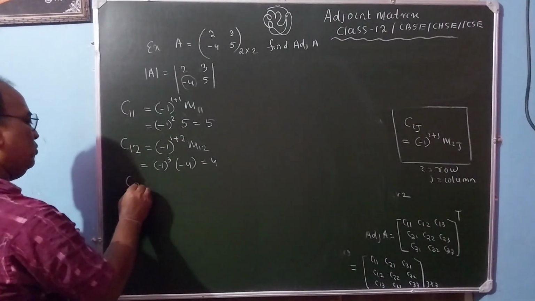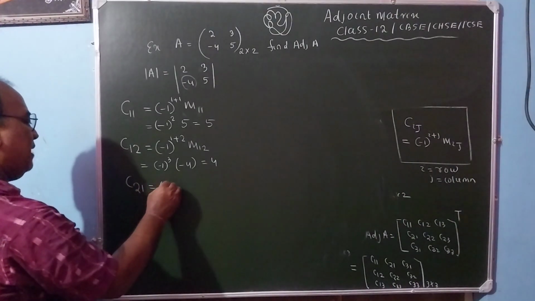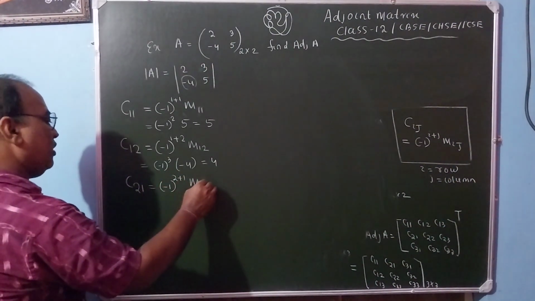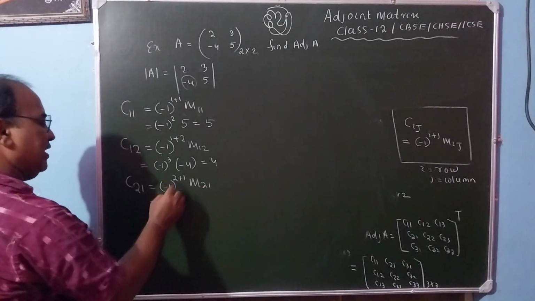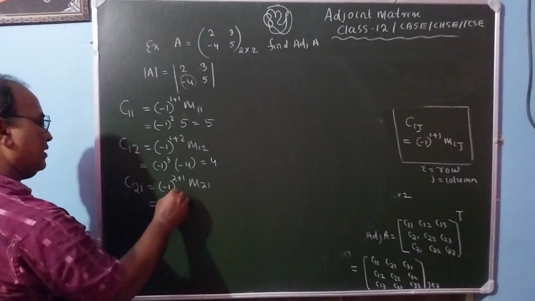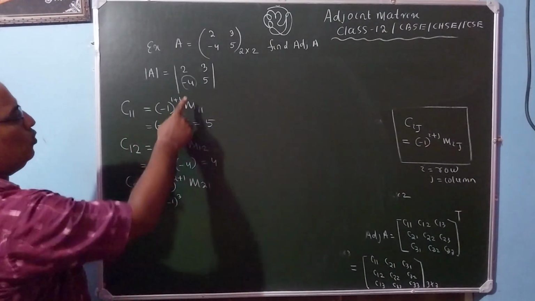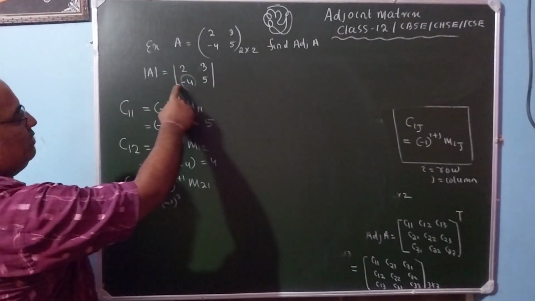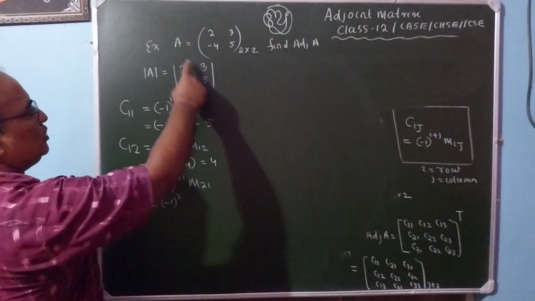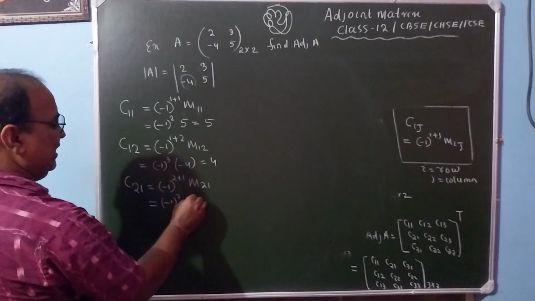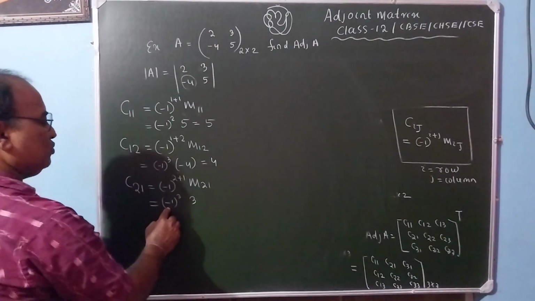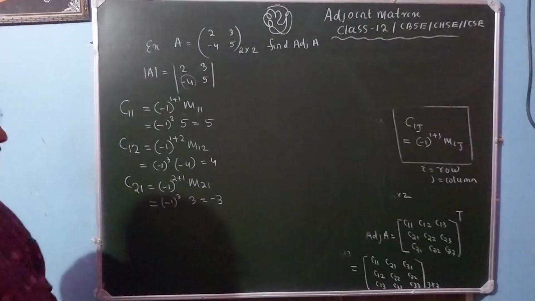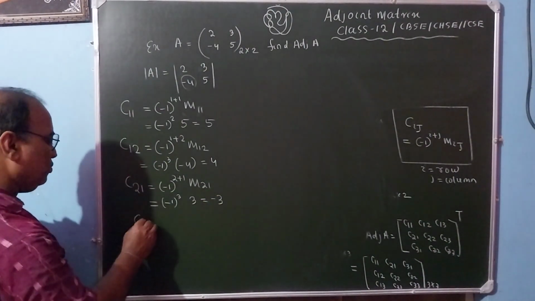Then C21. (-1) to the power 2 plus 1 times the minor of a21. You have to find the minor of this element by deleting this row and this column. Here it is 3. So the result is (-1) to the power 3, which is negative, so it is minus 3. Then C22.